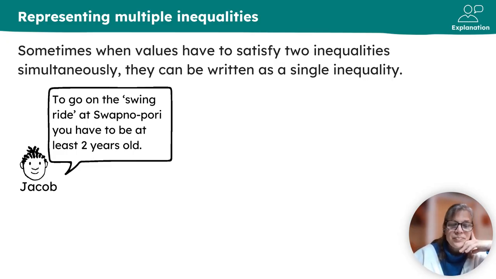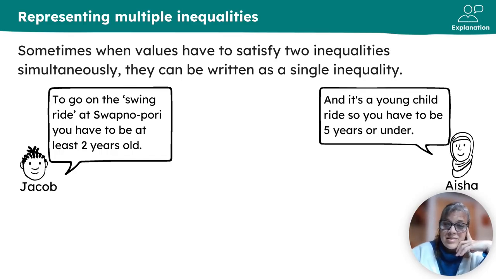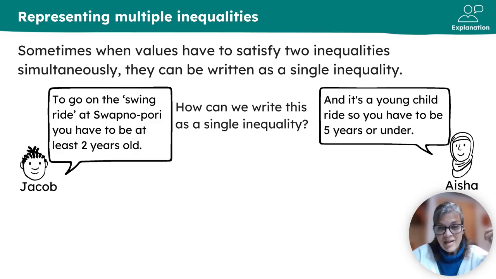Here's an example. Here's a student named Jacob who says, to go on the swing ride at Shapnapuri, it says you have to be at least 2 years old. Otherwise you're too little. And Aisha says, yeah, but it's a young child ride, so you have to be 5 years or under. So how would we write this as a single inequality?